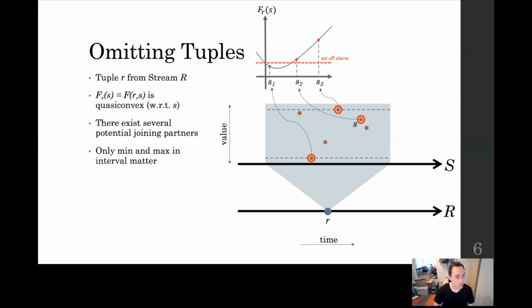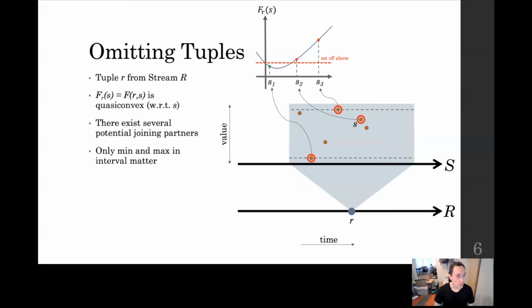Now, the problem is that in this very simple scenario, S can simply omit little s and we'll be fine. But S doesn't have control or even knowledge about the tuples from stream R. You'll recall in our previous scenario, they might be lagging behind and only catch up later. So this is difficult because little r might not actually be here.